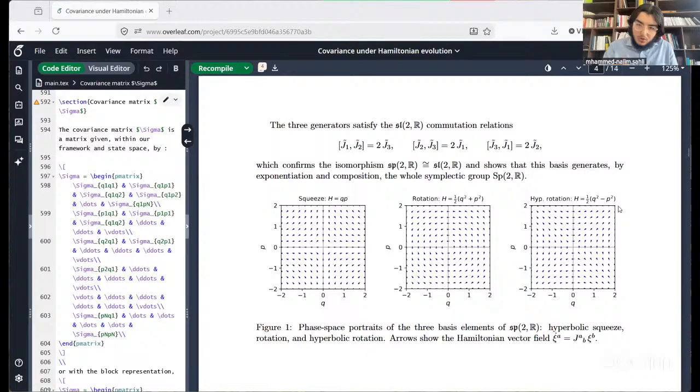The P plus Q direction is going from the outside to zero, and for the other diagonal, it's going from the inside to the outside.